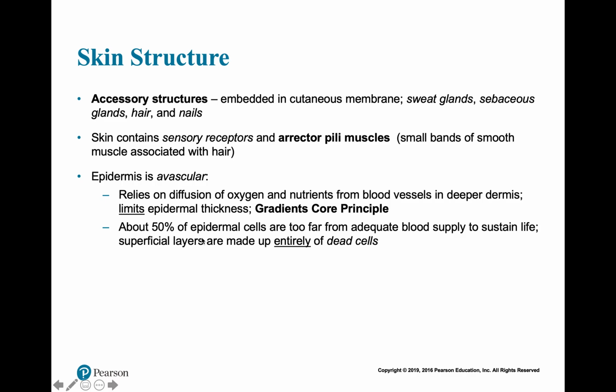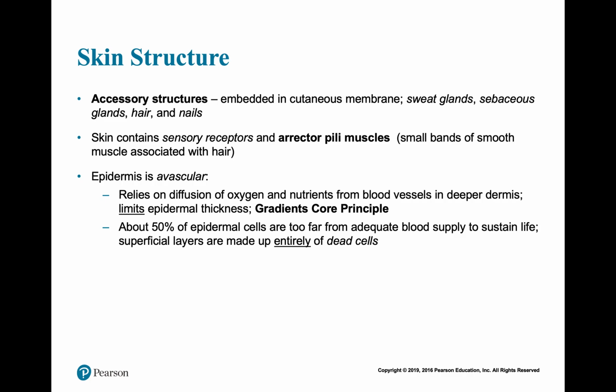It says about 50%, so about half of epidermal cells are too far from the adequate blood supply to sustain life. So as those epidermal cells move from the basement membrane up towards the apical surface, they are getting further away from the blood supply, right, of the dermis. And the further away they get from the blood supply, the more likely that diffusion will not happen that far away, right?